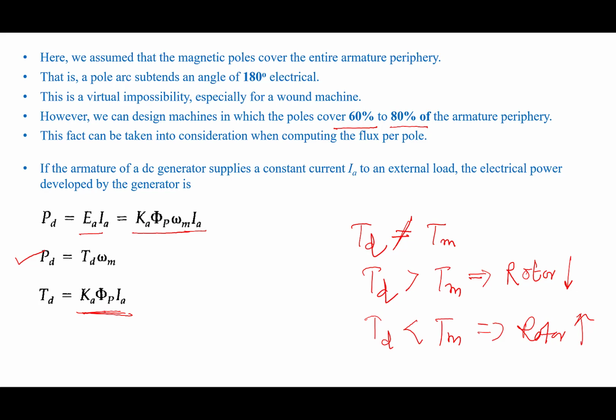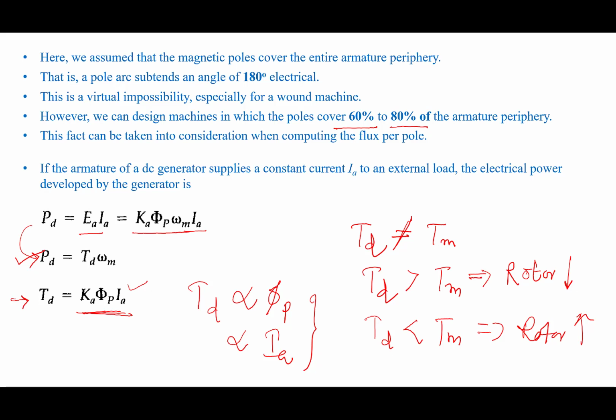Just by substituting Td equal to Pd by omega m and substituting the Pd expression in this equation, I will find Td equal to Ka phi p Ia. So your developed torque is directly proportional to phi p, the flux per pole, and also directly proportional to Ia, the armature current.